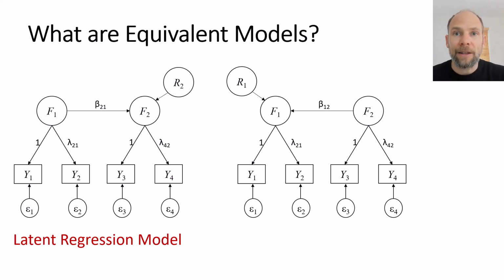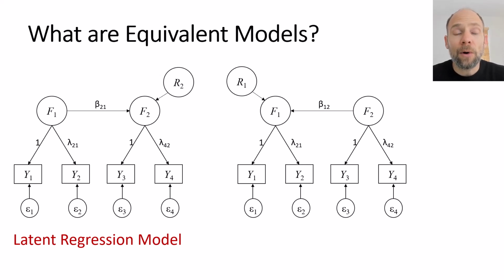However, by the fact that a model fits the data, you cannot claim that the causal direction F1 to F2 or F2 to F1 is the correct one, because these hypotheses are indistinguishable based on this model.